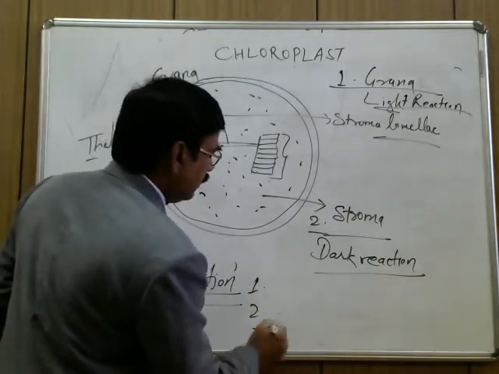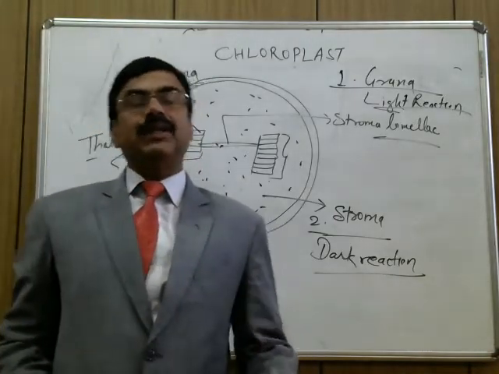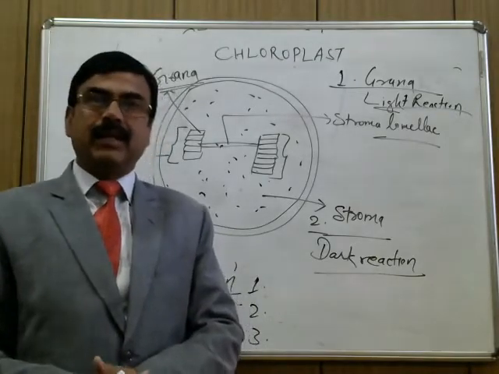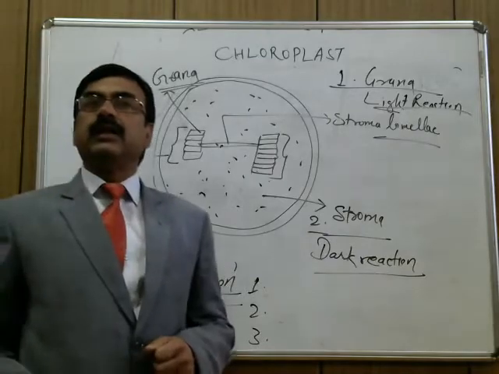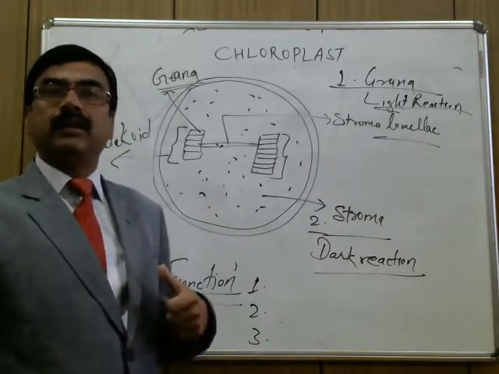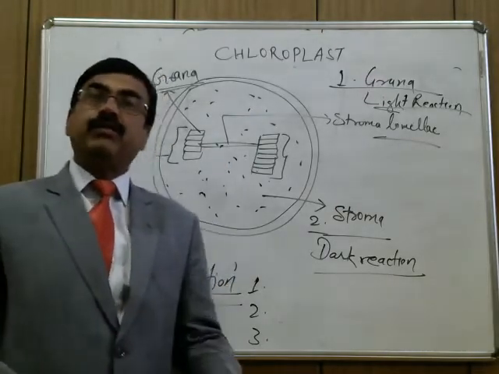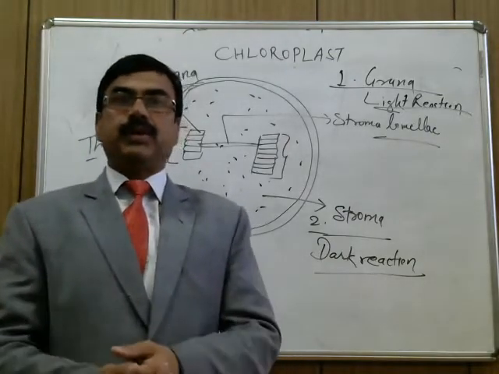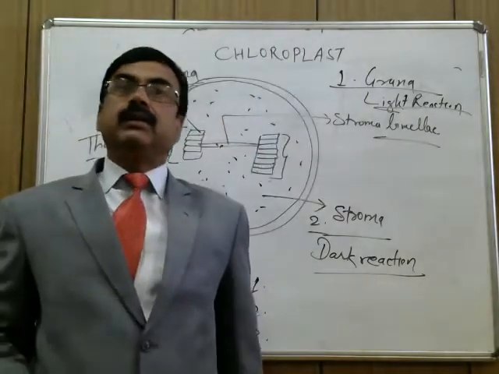First, chloroplast helps in the process of photosynthesis in the plant cell, as it contains the chlorophyll in the grana. There are 230 chlorophyll present in the grana, and this is also responsible for storage of the bodies. I mean, when we are talking about the leucoplast, there are plastids.